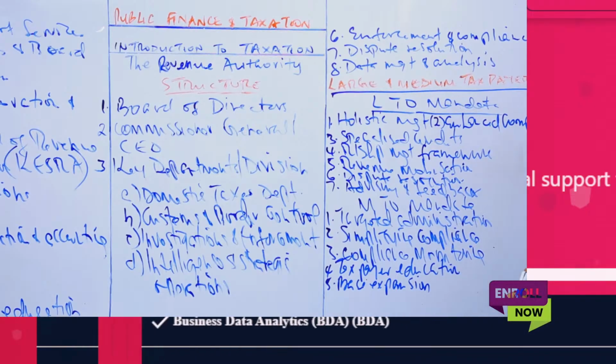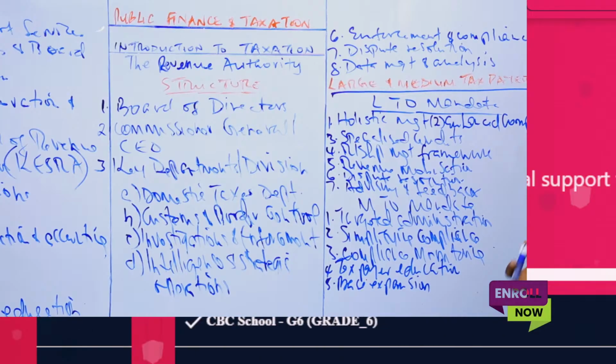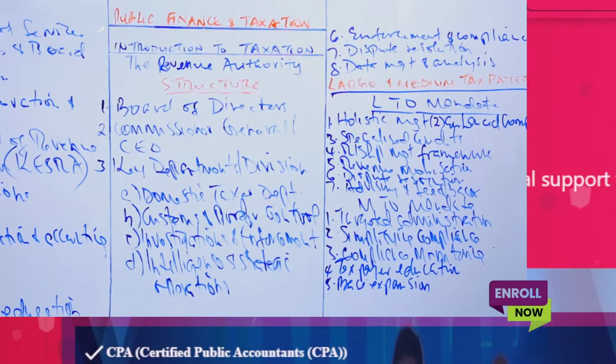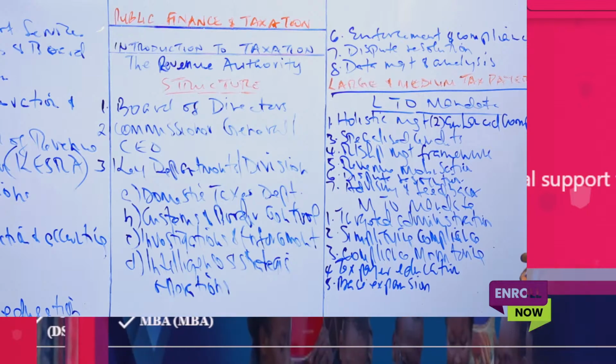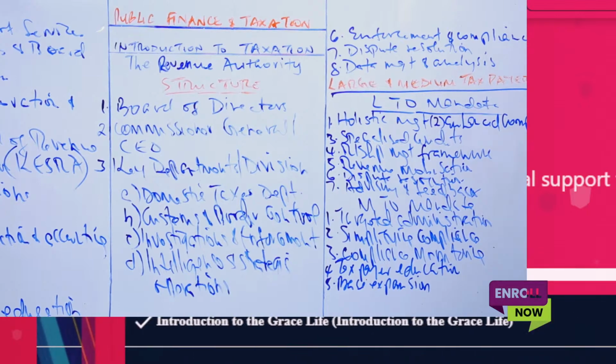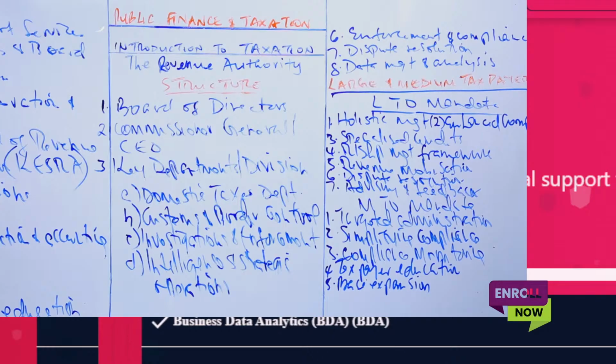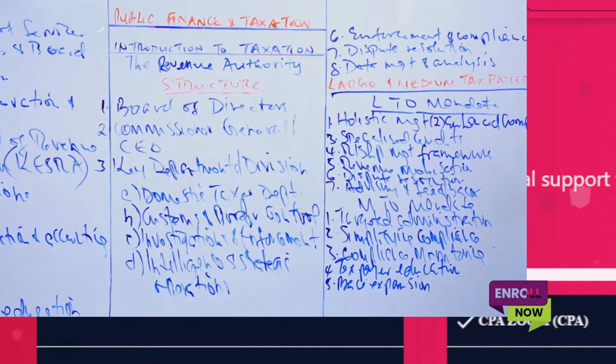And the 2 are crucial for KRA's revenue mobilization strategy. The 2 allows the authority to deploy resources and expertise efficiently to manage the different taxpayer segments based on their revenue contribution and compliance complexity.